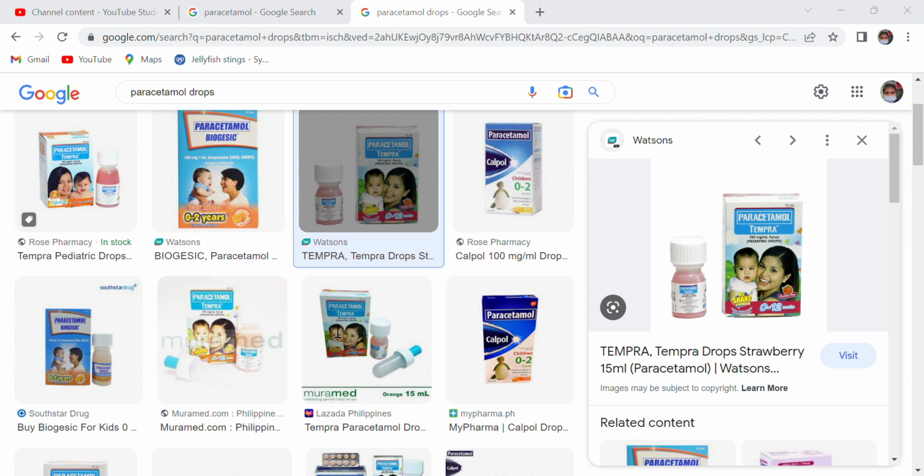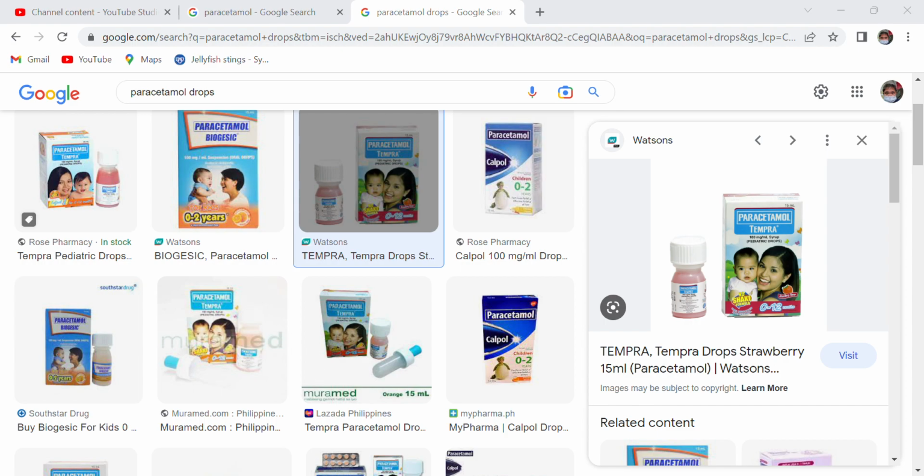Your child is 10 kilos. So 15 times 10 is equivalent to 150. Then 150 times 1 ml is still 150. Then you divide it by 100, because that is 100 milligram per ml.